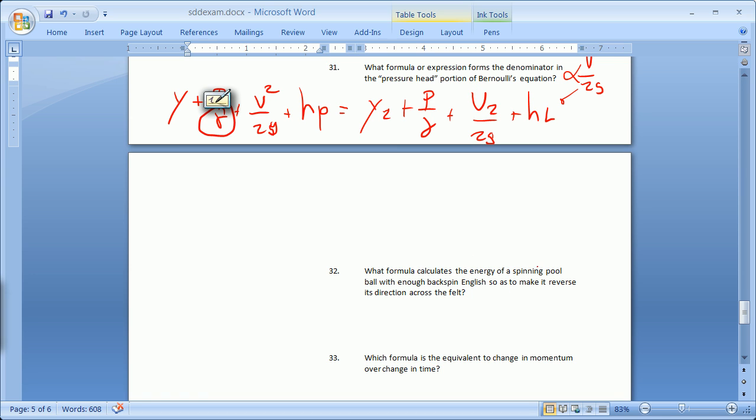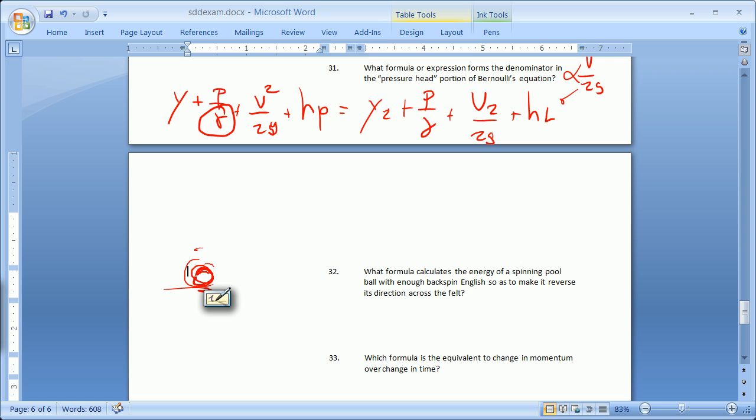Number 31. What formula calculates the energy of a spinning pool ball with enough backspin English so as to make it reverse its direction along the felt? So it's spinning along here, it's doing a backspin, it stops translating, it's still spinning, it's got kinetic energy equal to 1/2 I omega squared.